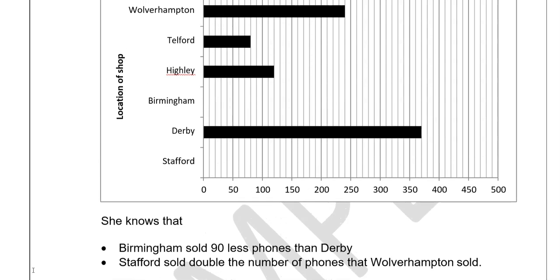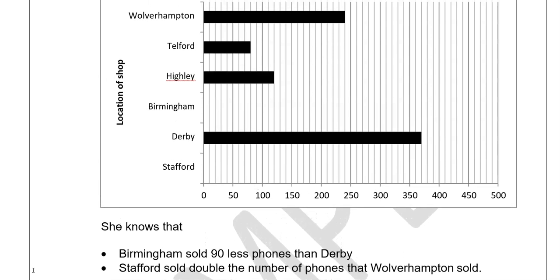Right, so Birmingham sold 90 less phones than Derby. Let's have a look at Derby. That is 350, so 60, 70, 80, 90, 100, so 370.